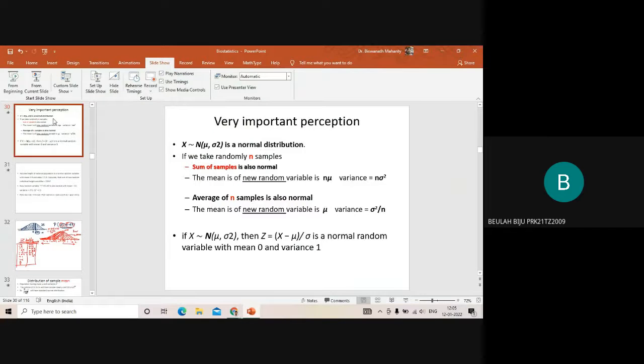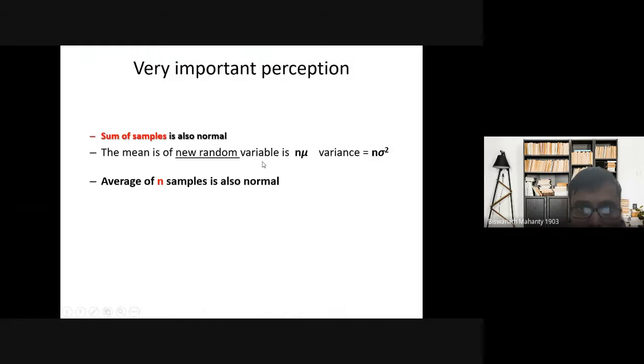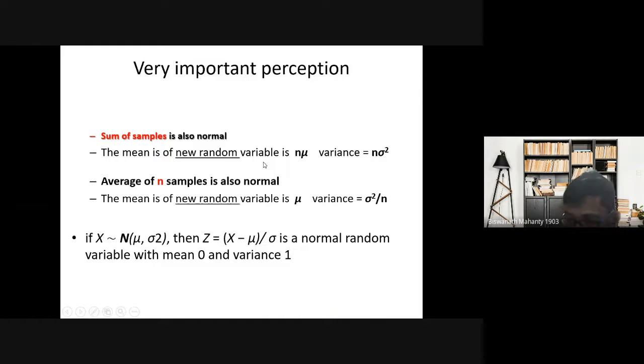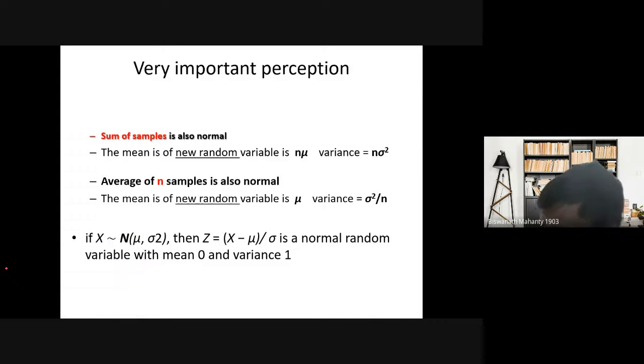Okay, thank you. Now coming quickly, these slides we have already talked about. I told that the sum of random variables is also a random variable, and normal if they are normal. You remember the child birth weight.